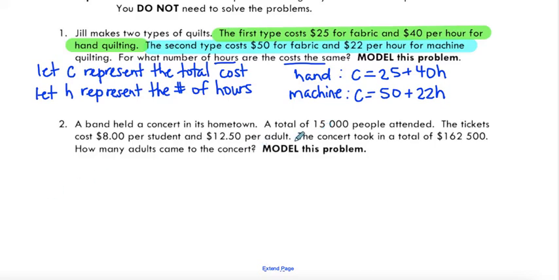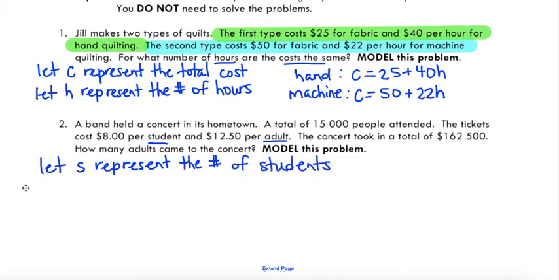Well, we need to know two things. We need to know how many students come and how many adults come, because those are the two different situations. So students and adults, those are going to be our variables. So we can say let S represent the number of students and let A represent the number of adults.